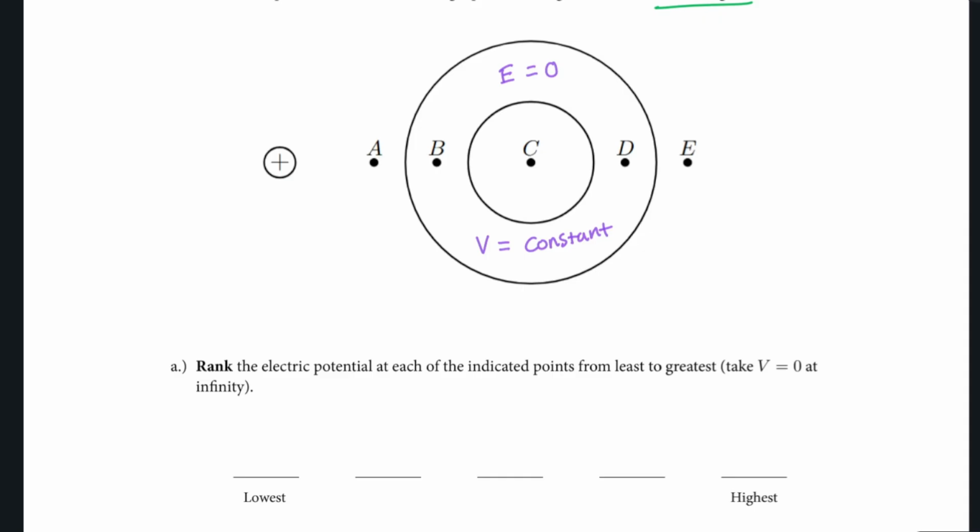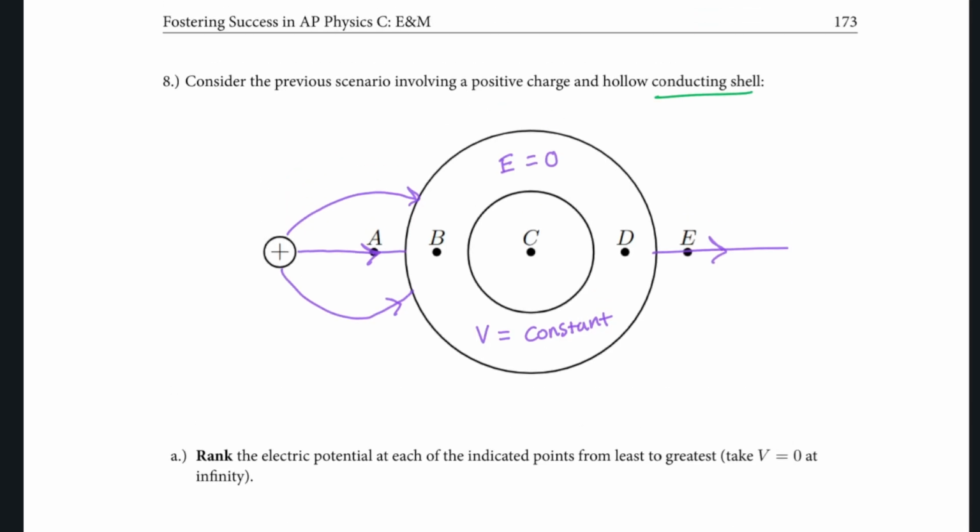But we did say from earlier that the electric field, which is going to look like this because we know it's perpendicular to the surface of a conductor, and it generally is going to look like this because we know the positive charge is a source. So we said that electric potential is lower where the E field is pointing. Or another way of saying that is E points downhill.